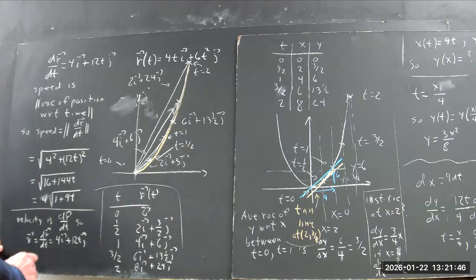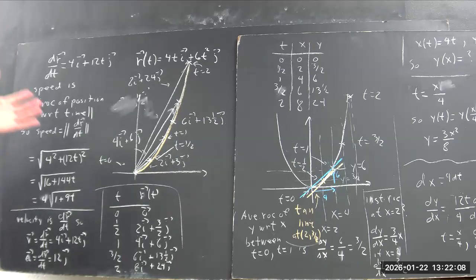Okay. Acceleration is the rate of change in velocity, which is the instantaneous acceleration, the derivative of the instantaneous velocity, which is just 12j.